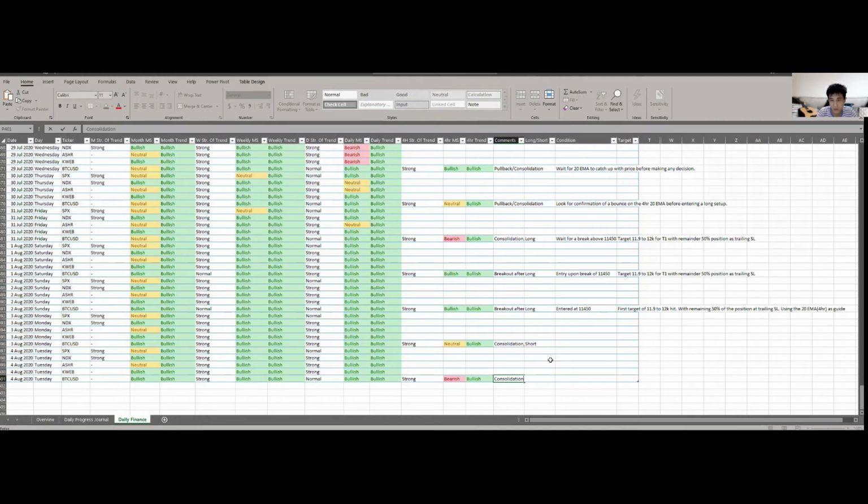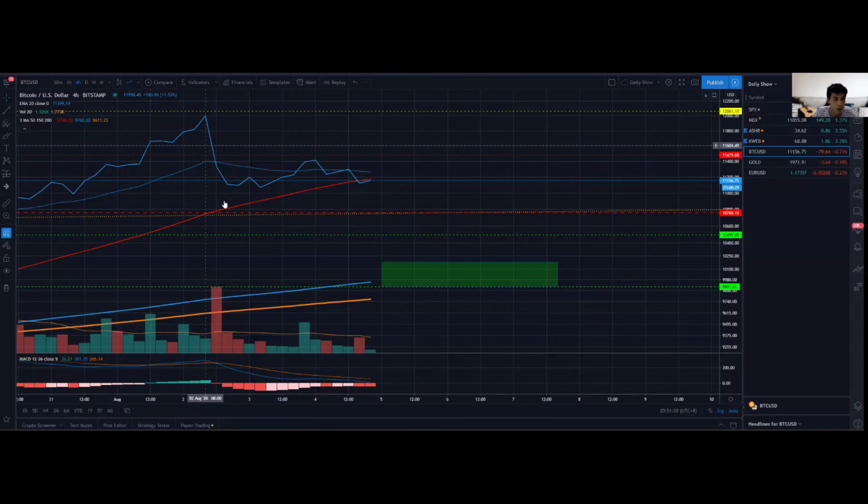Okay, so potential long setup. I would say long and short are both potential. Yesterday I said I'm leaning towards a short bias, that's correct in terms of short term. But that said, if I were to look for a short, I do want this to consolidate very nicely. Say, for example, you get a very nice triangular wave, like A, B, C, D, E, the type. That is where I'll look for a potential short. On the other hand, what I see over here is not an easy to count kind of Elliott wave retracement or consolidation pattern.